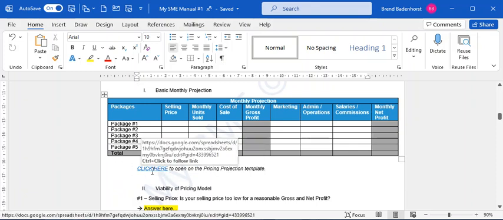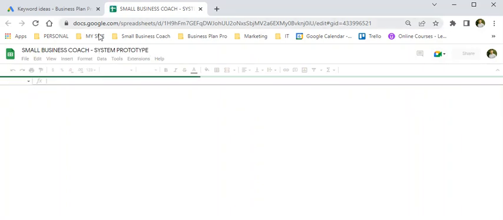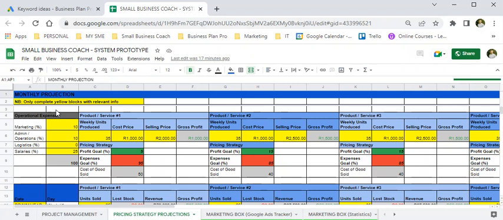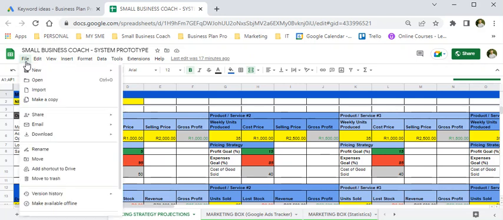So if you hover over this link, click Control and then click on the link itself. It's going to open up on the model that I've created here for you to break even or work out your break even projections. Please don't complete anything on this sheet. What you need to do now is you need to go to File and click on New and Spreadsheet.